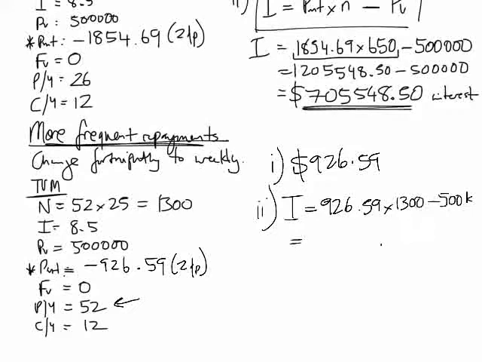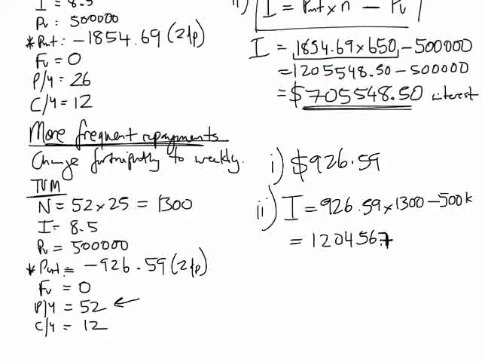Alright, so go back to the calculator. 926.59 times by 1300 gives you a total payment of 1,204,567. You can already see right now the total that you are paying over this time is less. See, it was 1,205,548.50.